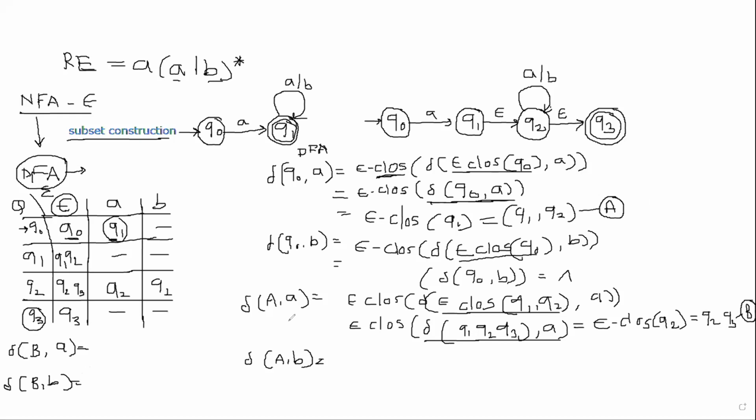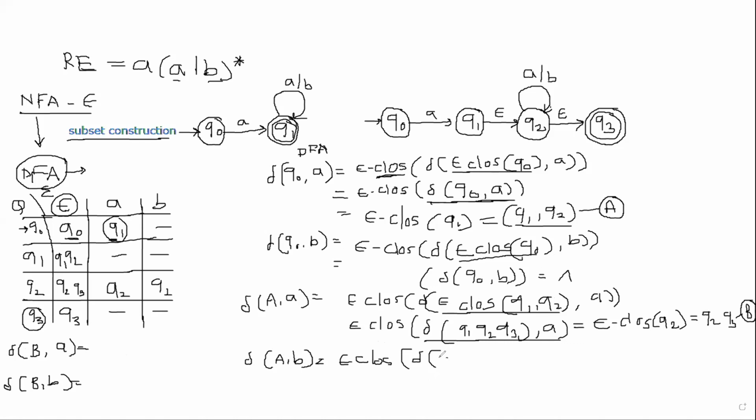मग हेच फॉर्म्युले सगळीकडे वापरणार मी epsilon क्लोजरचा, and I will find out the new state is getting or not. So this is remaining A with B. So I will write here epsilon closure, the formula of transition with epsilon closure of Q1 Q2, because A, capital A is our Q1 Q2.